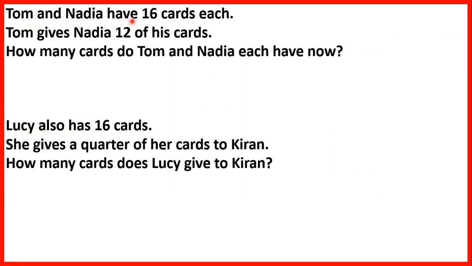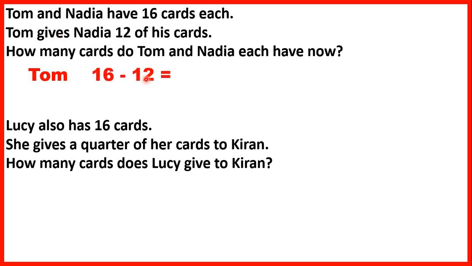Tom and Nadia have 16 cards each. Tom gives Nadia 12 of his cards. How many cards do Tom and Nadia each have now? So if we think about Tom first, he started with 16, but then he gave away 12 of his cards.